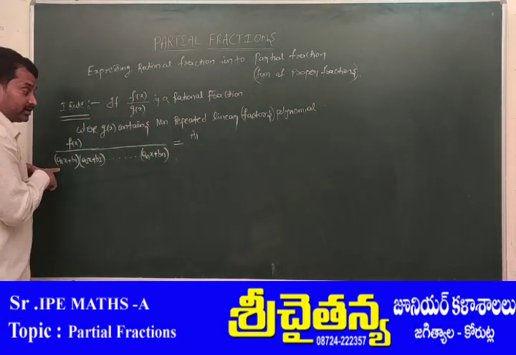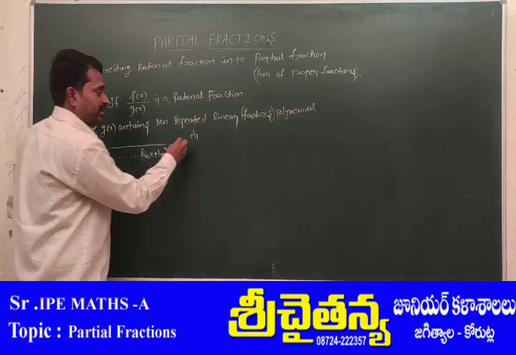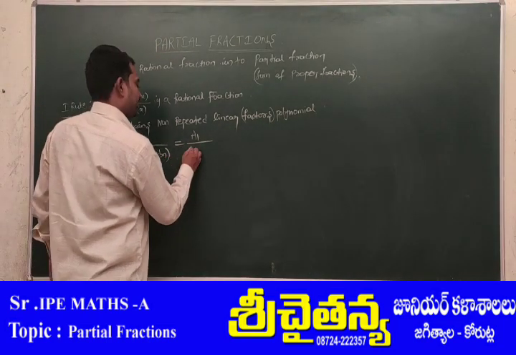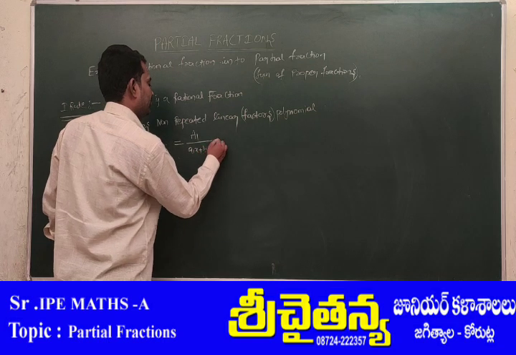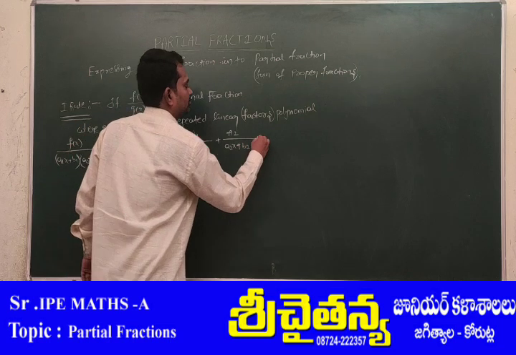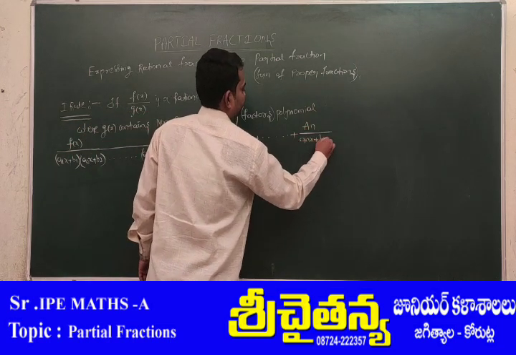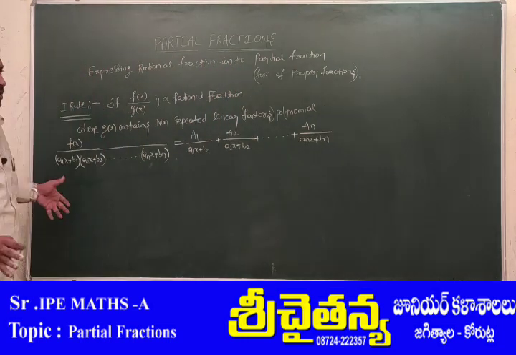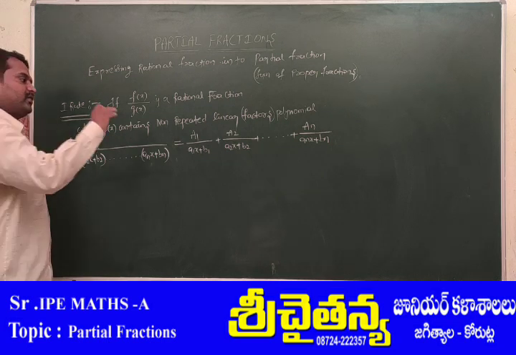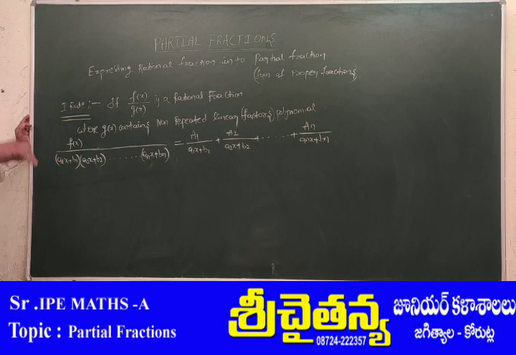How many here? 1, 2 and so on up to n. n linear factors are there, so we can take n constant values. a1 by the first linear factor, a1x plus b1, plus a2 by a2x plus b2, plus and so on, an by anx plus bn. If the given fraction is like this, we have to split it like this, and afterwards we find these constants, and we will get the sum of partial fractions of the given rational fraction.